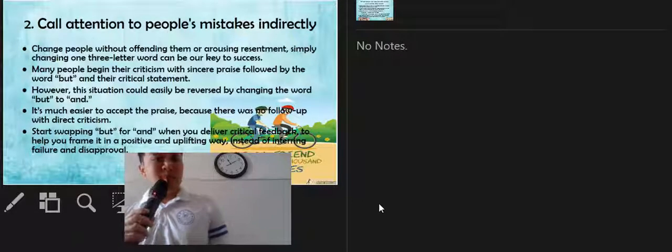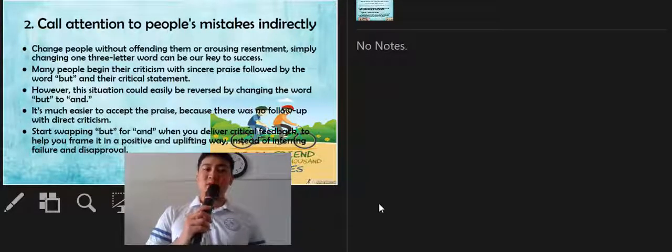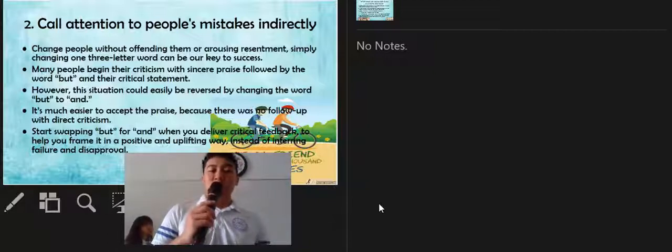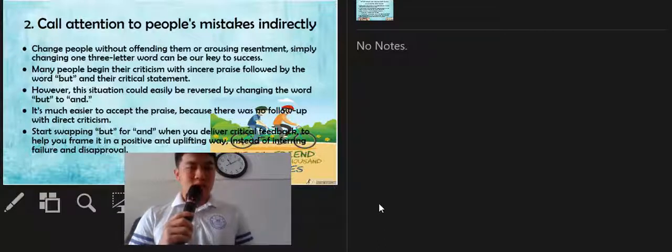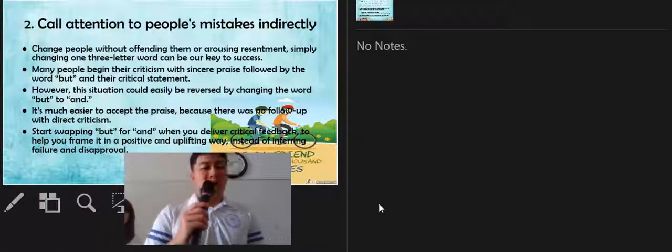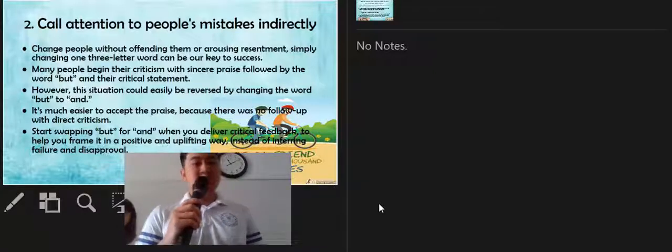Two, call attention to people's mistakes indirectly. Changing people without offending them or arousing resentment. Simply changing one three-letter word can be our key to success. Many people begin their criticism with sincere praise followed by the word but and the critical statement.